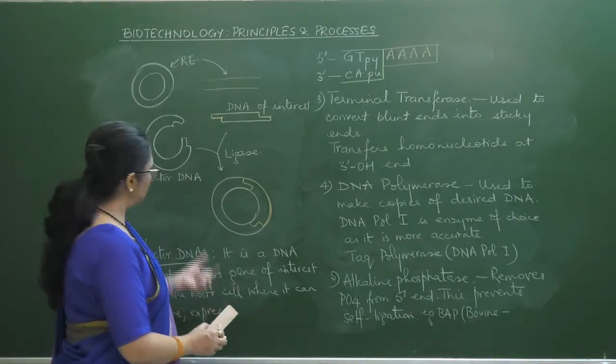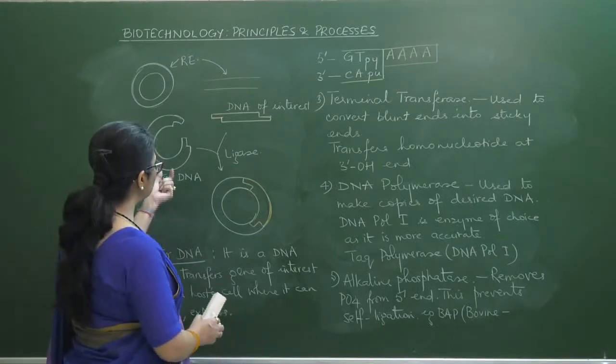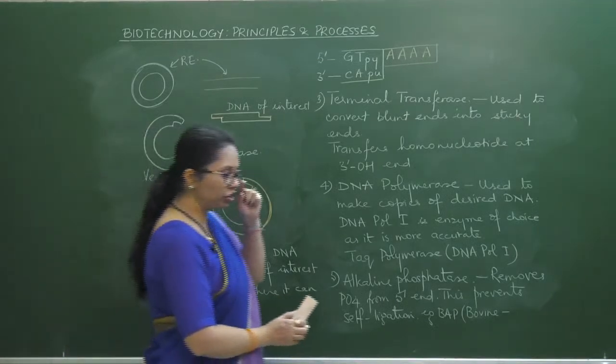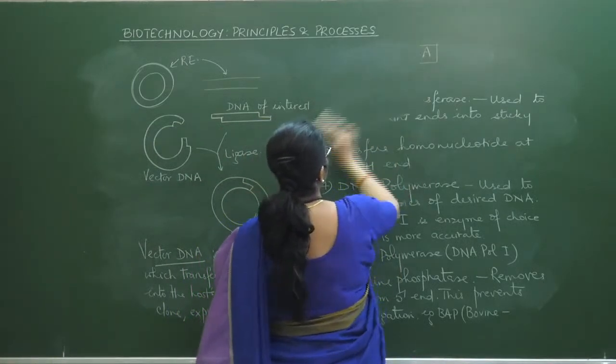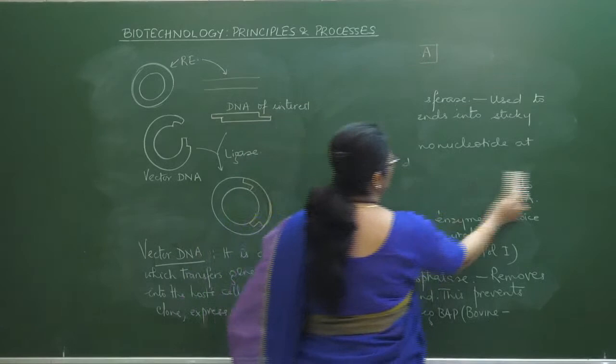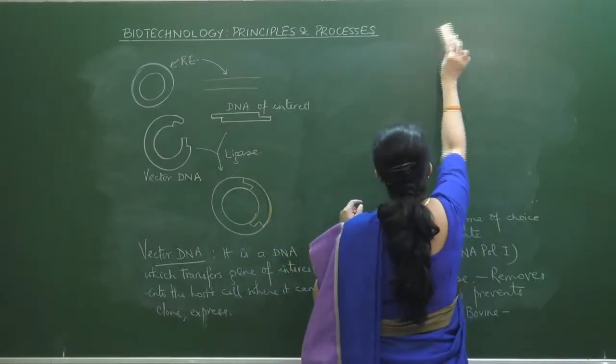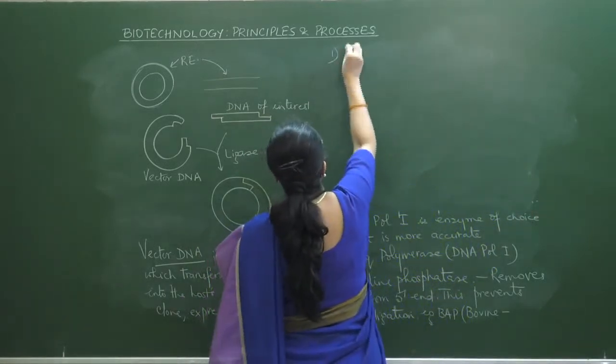So that is what is vector DNA. Now here taking up a plasmid, which is used as a vector DNA, because there are so many of them which are used. So first of all, starting with plasmid.